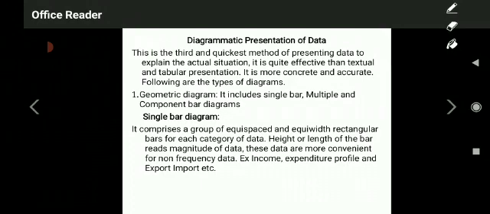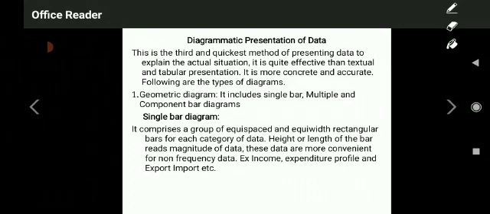I said it is more concrete and accurate. Concrete in the sense that whatever data we collected, if we present it in a systematic manner in a diagrammatic form, it gives concrete ideas, concrete results and accurate information about that particular situation. There are different types of diagrammatic presentation of data.